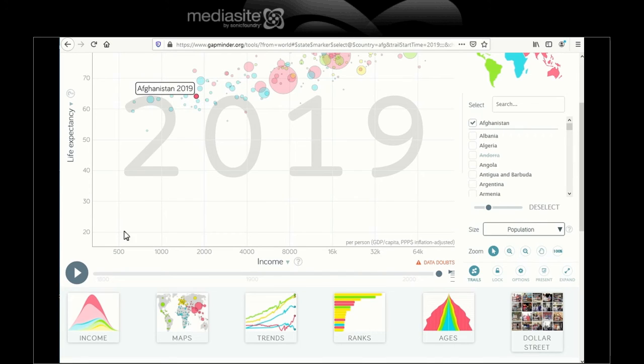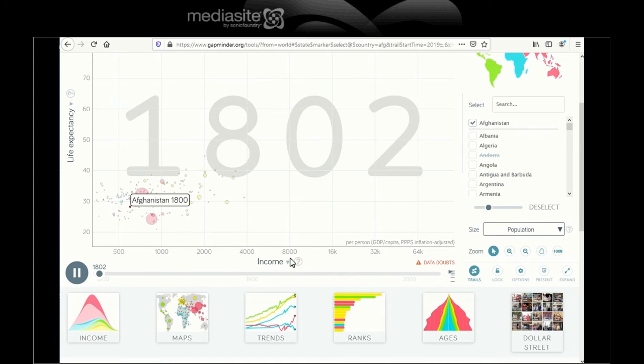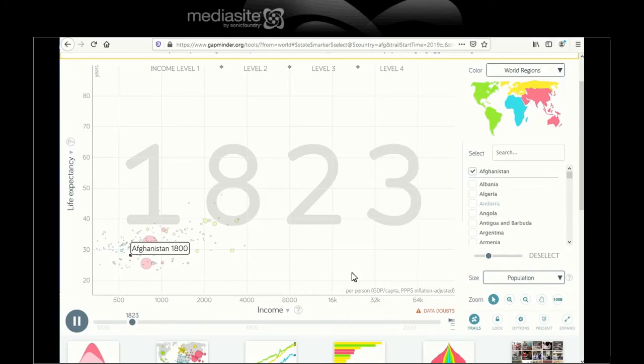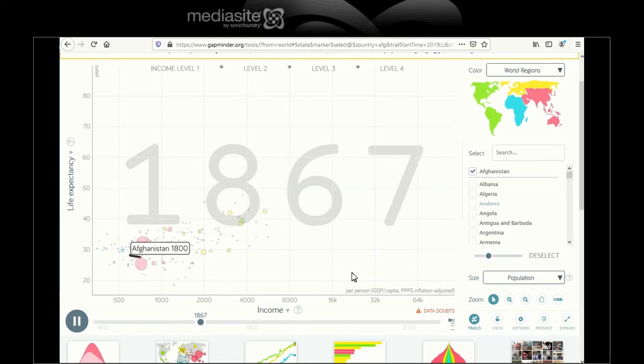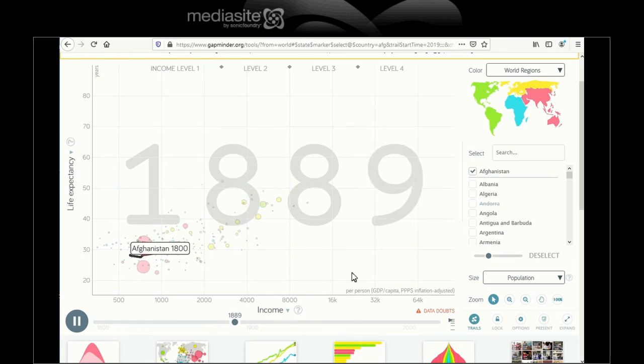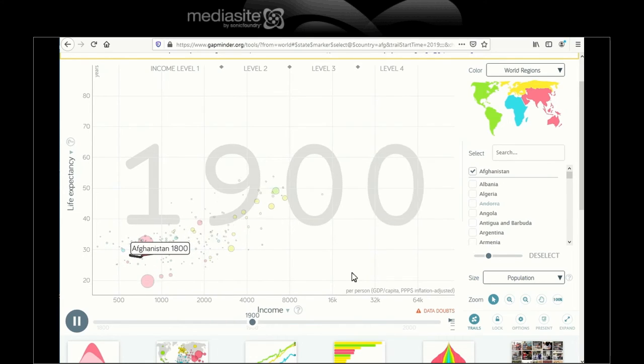Now let's do Afghanistan. It said play. So looking at what Afghanistan has done over the years, you basically track its progress from 1820, was it, up to today.